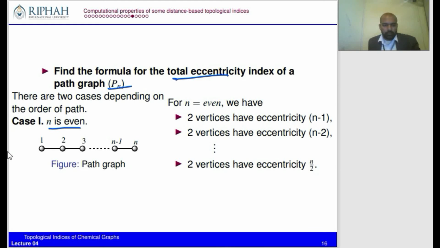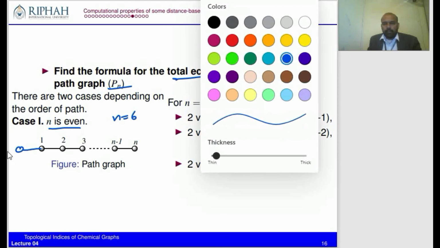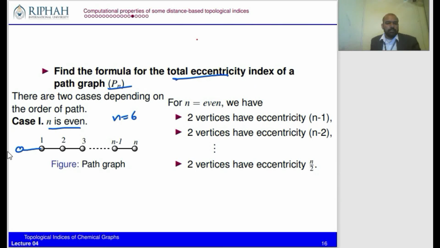Of course, 1 2 3 4 5, let's make it 6 here, n equal 6. In this figure you can see that there are two vertices which have eccentricity 5, which is our first one, and again there are two vertices which have eccentricity 4, which in the generalized way is n minus 2.